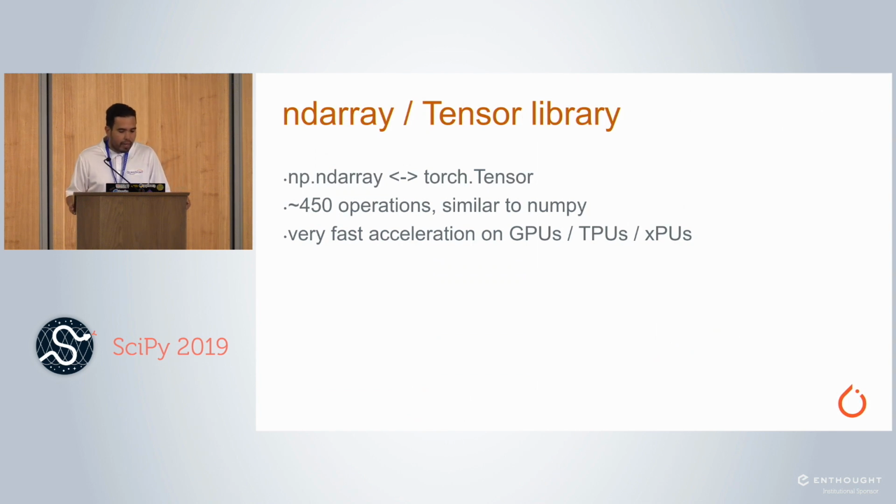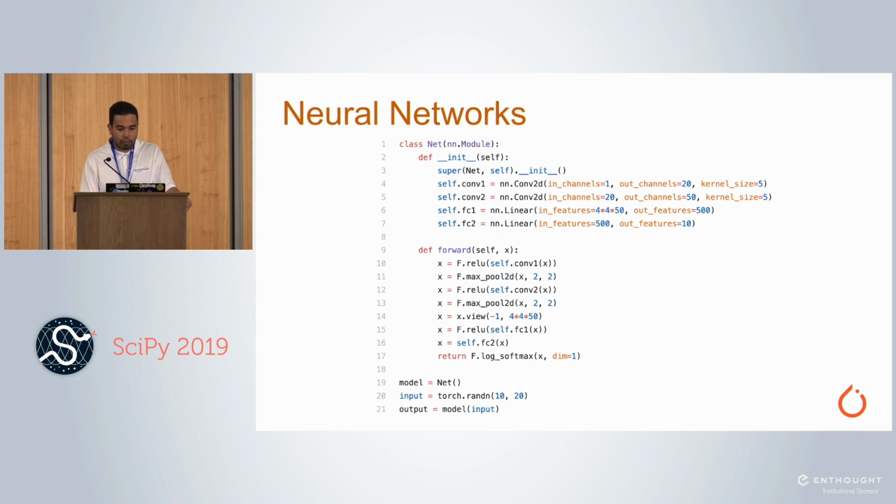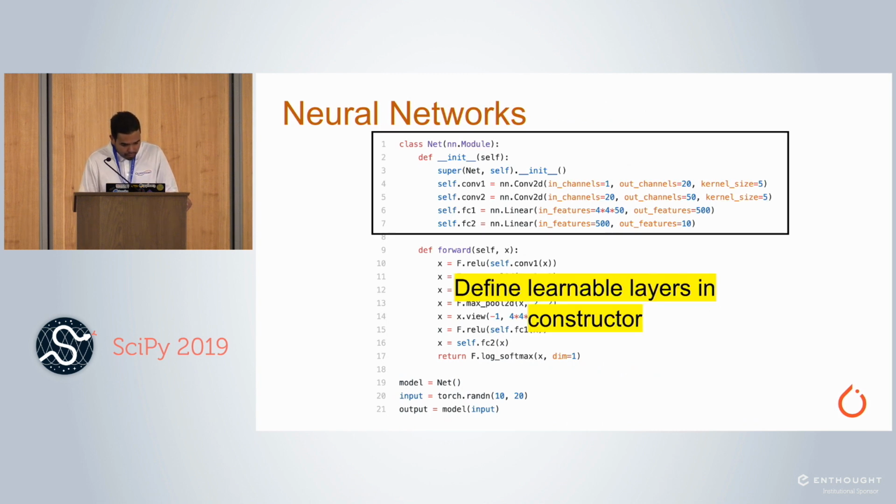The ND array, the tensor library, is pretty similar to NumPy, very fast, and it has very fast acceleration. Automatic differentiation, the ability to take nth order derivatives, the ability to do in-place operations. Neural networks.